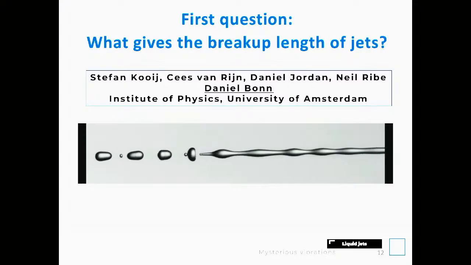Yeah, and so let's first ask a naive question. What gives the breakup length of the jet? D'Alembert, can I have your votes, please? Surface tension, yes? But how do I go from surface tension to a jet length in centimeters, millimeters?